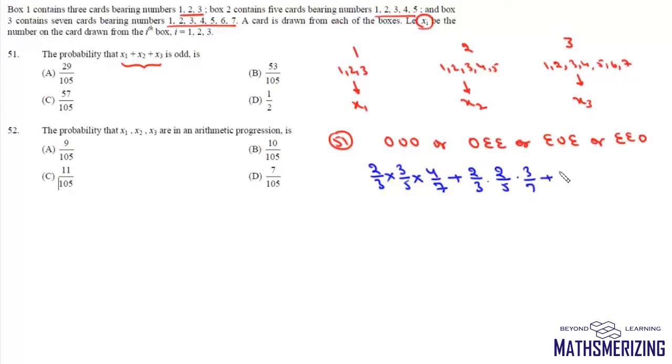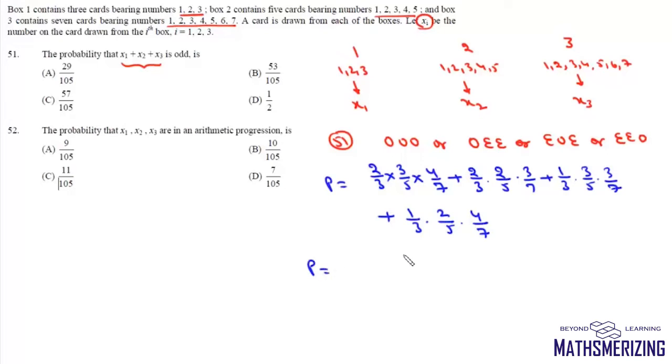Now even from first 1 by 3, odd from second 3 by 5, and then this 3 by 7, plus the even from first is 1 by 3, even from second is 2 by 5, and then here will be this 4 by 7. And that's the required probability.